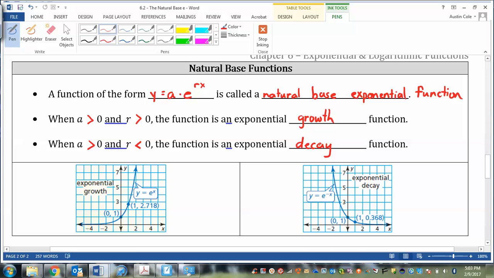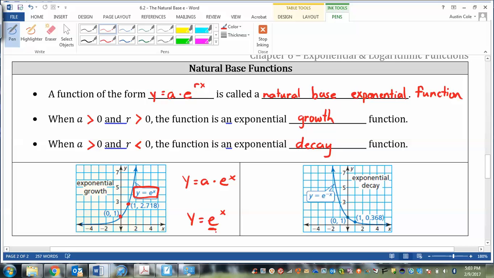So in my two pictures here, I am graphing e to the x. And just like we did last class, when it's just e to the x and not a times e to the x, the graph will always go through 0, 1, and then 1, e.